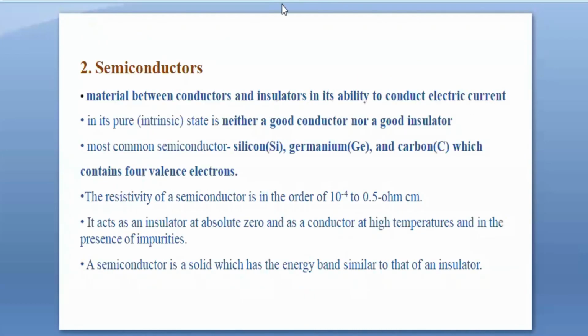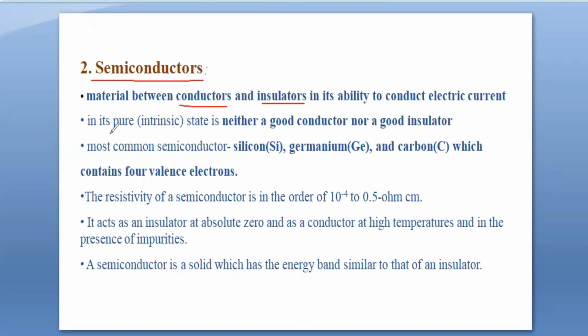Then the next classification is semiconductors. Semiconductors carry a very small amount of current. Their characteristics lie between the conductors and the insulators. That means they won't carry a very high amount of current, and they are also not inert towards current carrying.